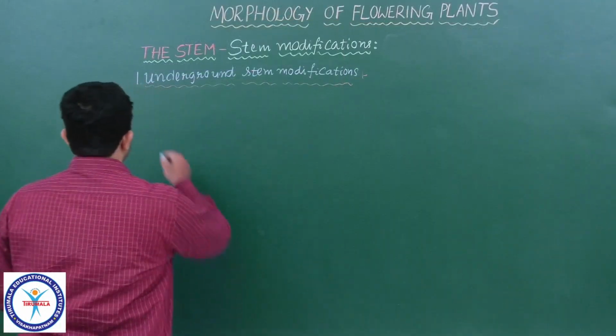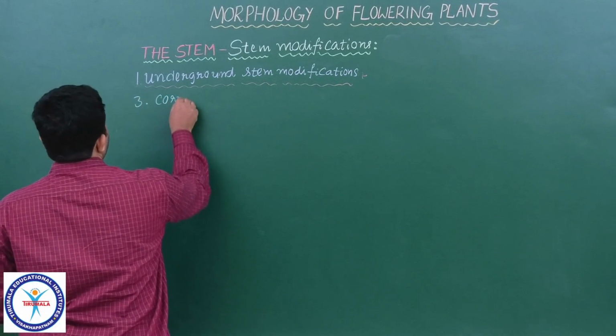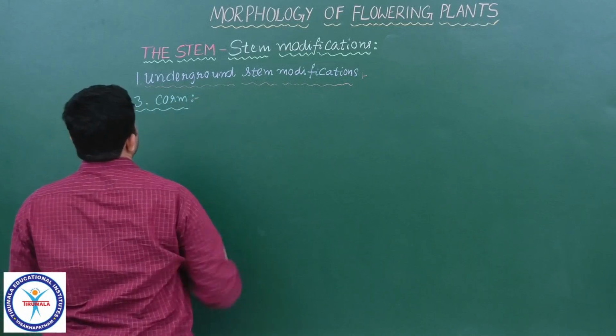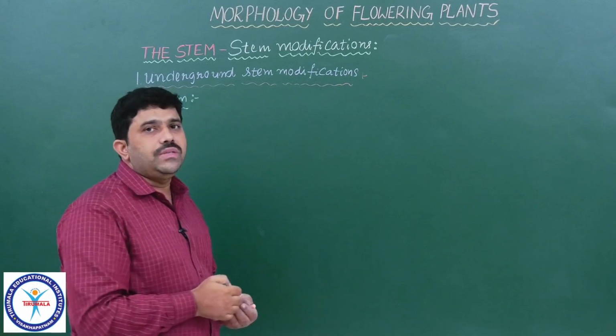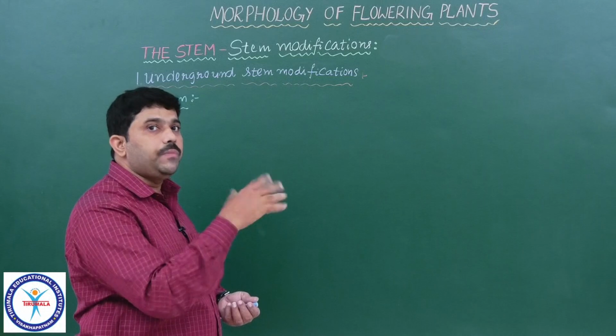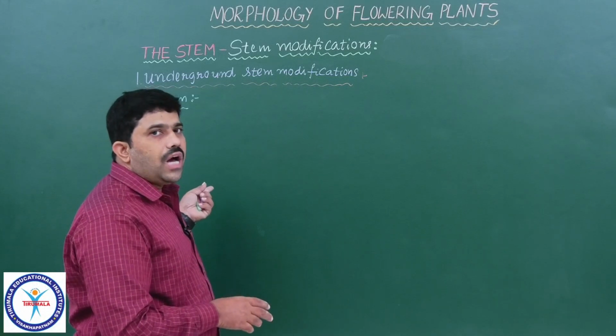The third type is the corm. Another type of underground stem modification is the corm. A corm is also a type of rhizome, but the difference between these two is that a rhizome is branched, but a corm is unbranched.